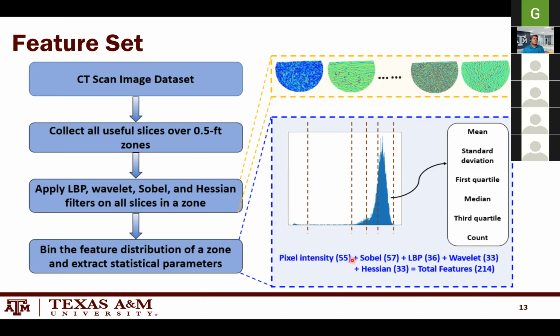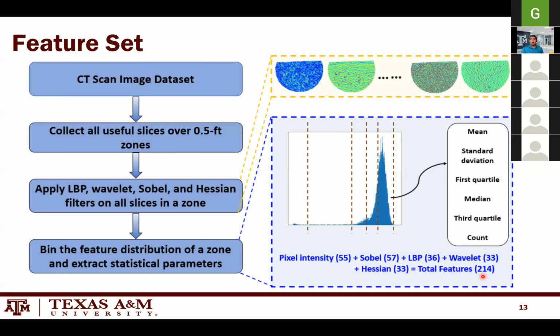If we count everything, we have 55 features per zone that represent the distribution of the pixel intensity, 57 for Sobel, 36 for LBP, 33 for Wavelet, 33 for Hessian. In total, we have 214 features for each zone, and we have 90 such zones in this CT scan data.